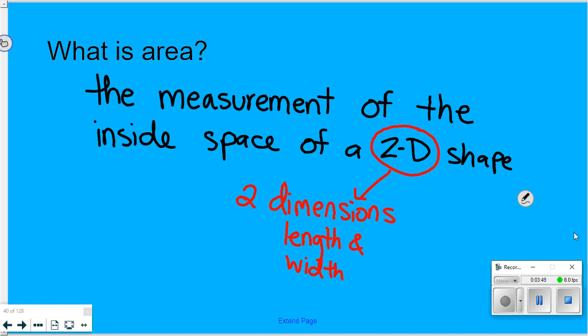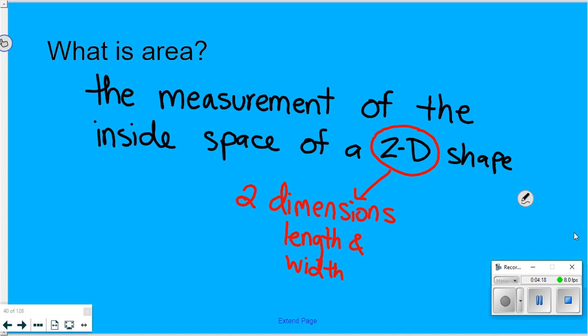So then you start playing in the land of 3D shapes and how much space a 3D shape takes up. It would be more because it's bigger. Yes, exactly. We are not going into 3D land here. We're staying in 2D land, which means we are only looking at flat shapes, things that you can only measure a length and a width.